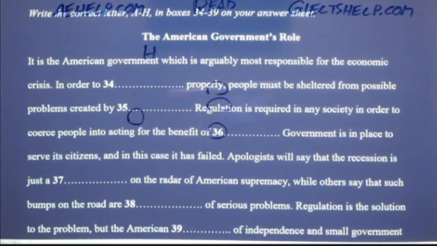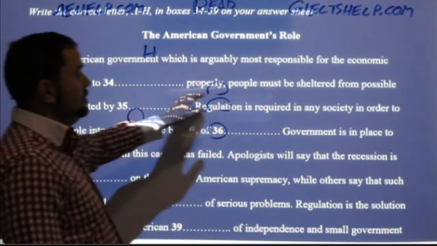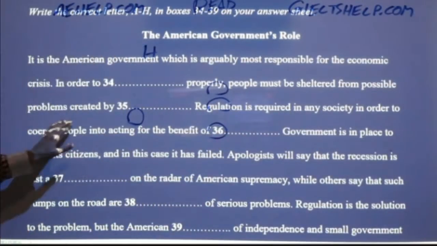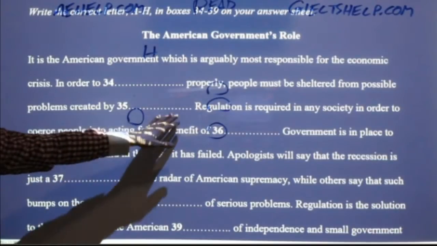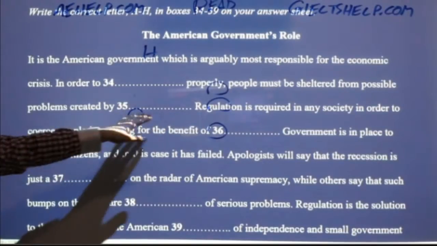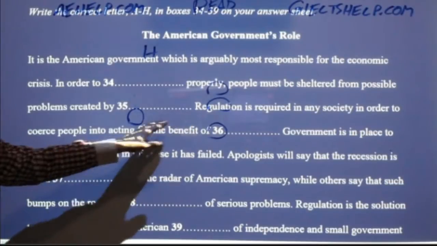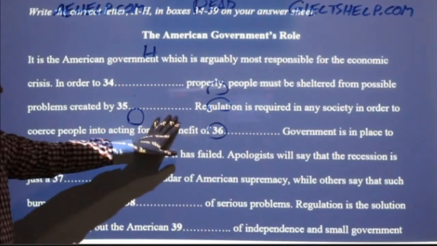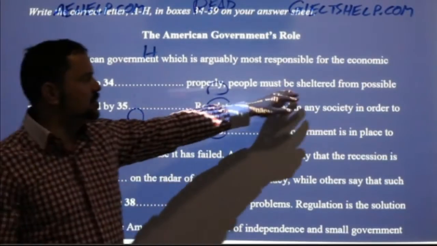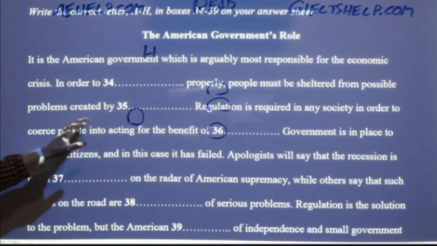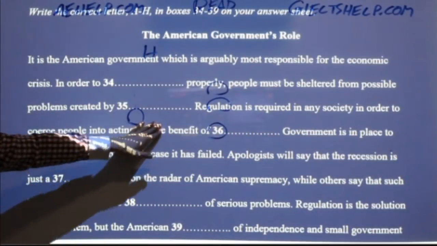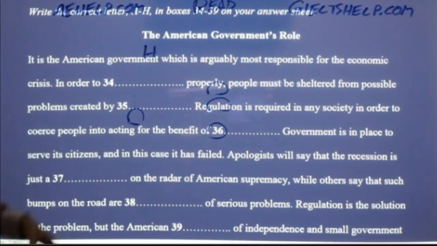So in order to function properly, people must be sheltered from possible problems created by themselves, by culture. That's kind of weird. By governments, people must be sheltered from possible problems created by governments. Maybe. You could put governments and themselves in there for now.